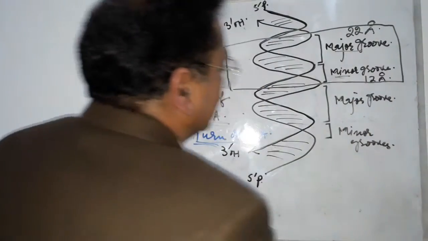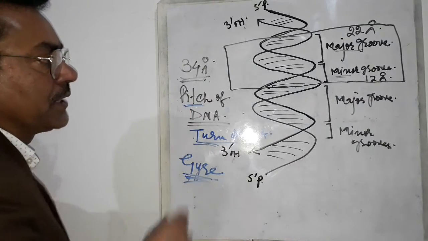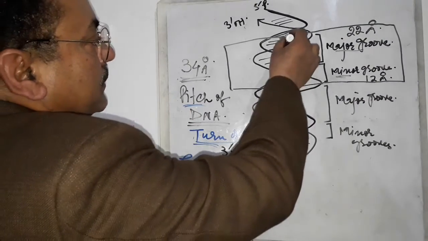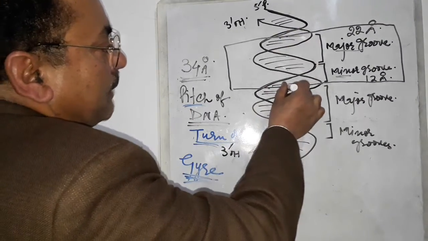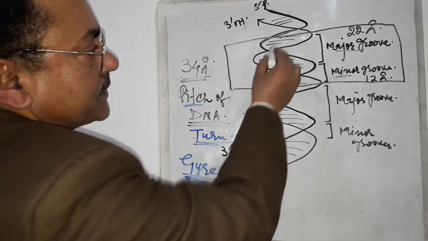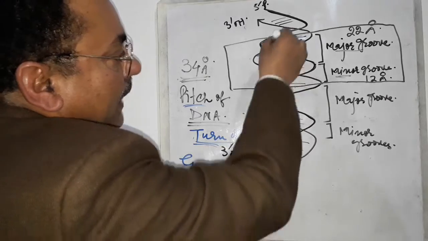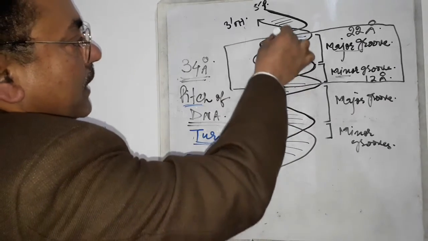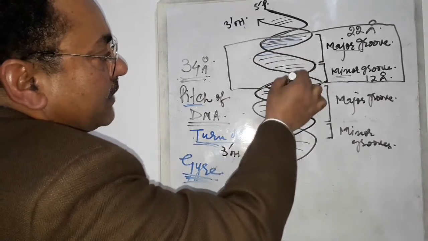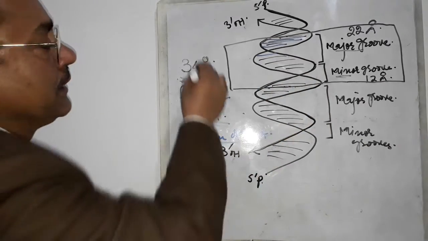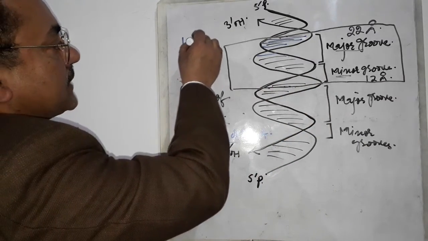And in this one pitch or turn of DNA, there are approximately 10 base pairs. Suppose AT pair, GC pair, CG pair, TA pair, and so on and so forth. The number of these base pairs in one turn of DNA is 10 base pairs.